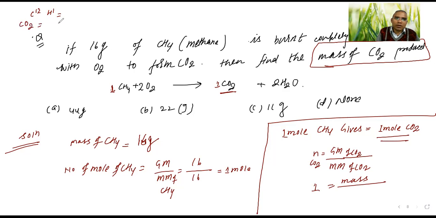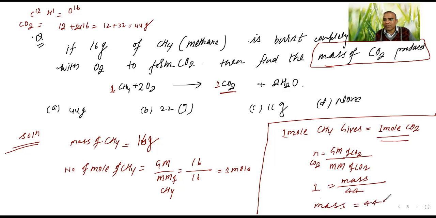Carbon is 12, oxygen is 16, so 12 plus 2 into 16, that is 16, 32, 44 gram per mole. So cross multiply, and the mass will come to 44 gram. Got the answer?